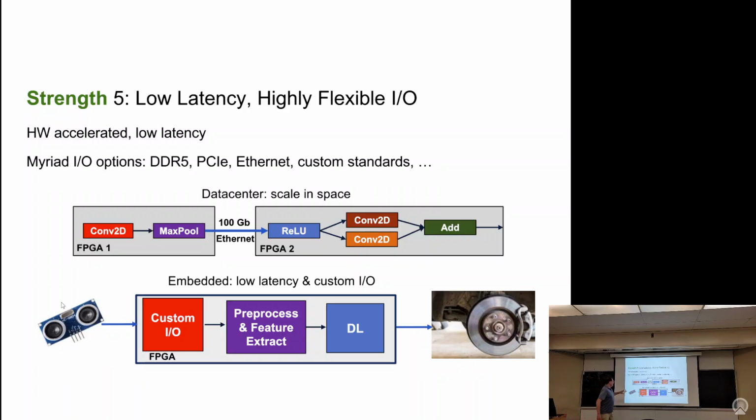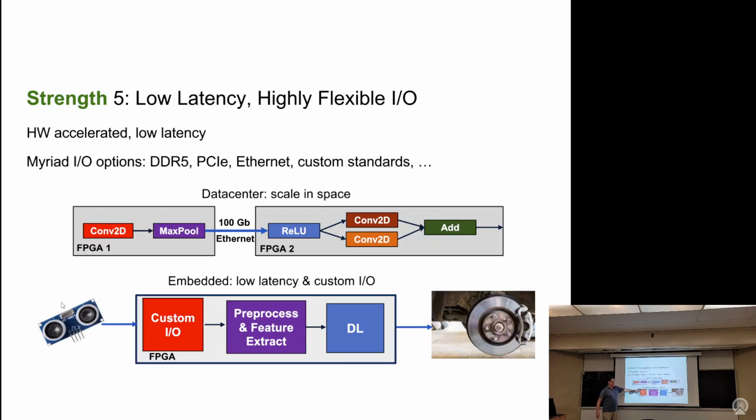So in a data center, it can be helpful to have low latency networking because we could take our model and split it across multiple FPGAs, and FPGAs have pretty low latency interconnect. But the bigger gain is the fact that you can make all sorts of custom I/Os to talk to various sensors and various actuators. So say I'm going to make a smart anti-lock brake. I want to put some machine learning in it.